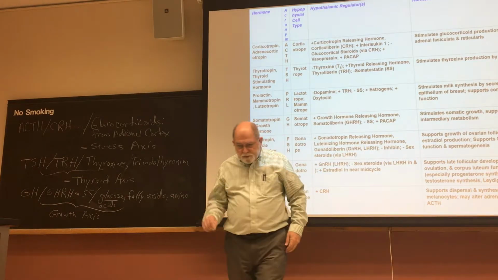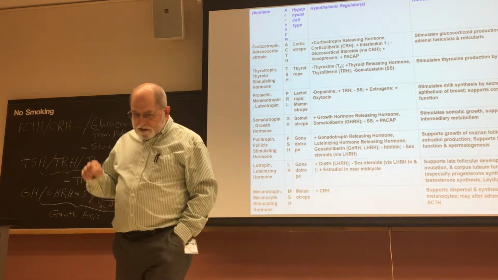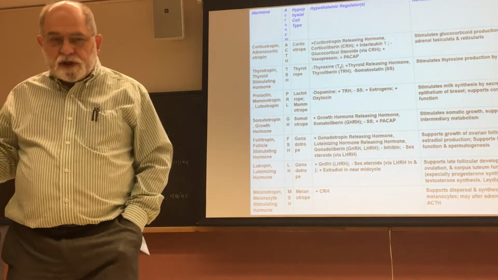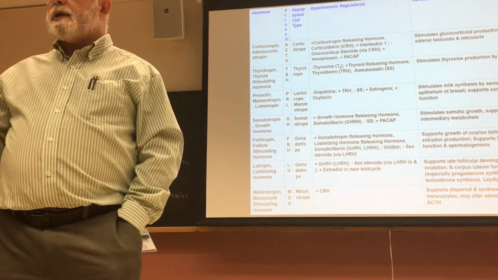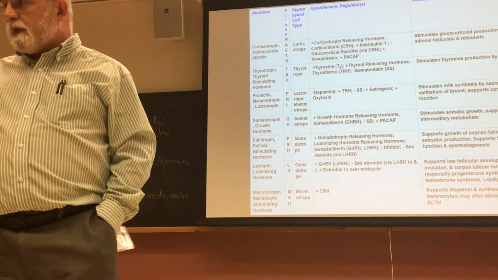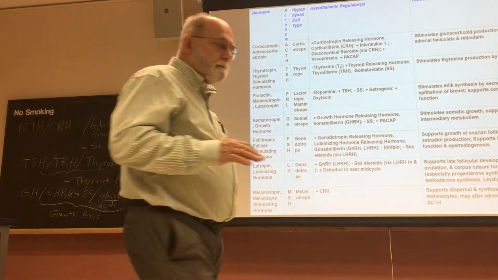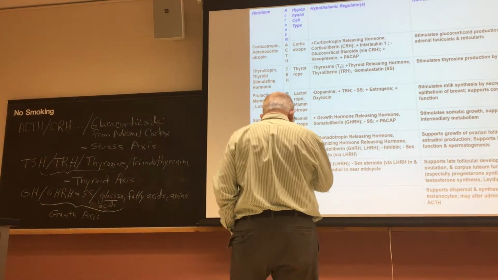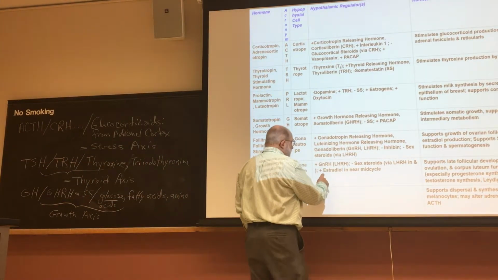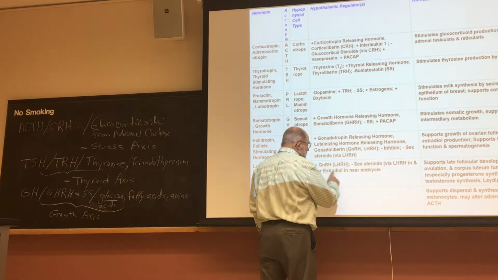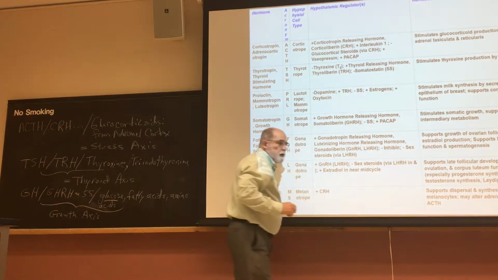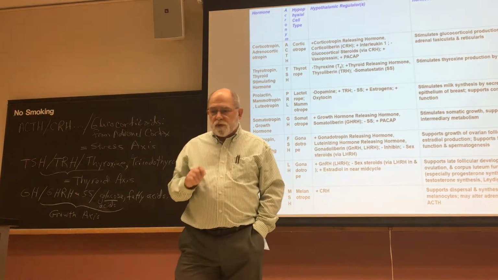There is an exception for sex steroid inhibition of LHRH, and it occurs only in the adult female. And that is when estradiol is high, when the female is near the middle of her ovarian cycle, just before ovulation.